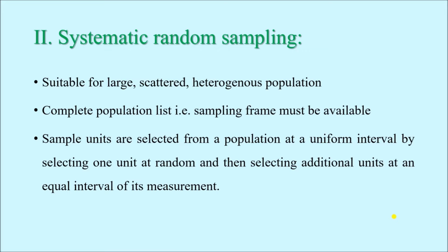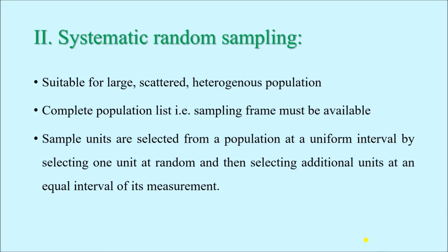But if the characteristics among the people in the population are different from each other, that means they are not very similar, in that case it is a heterogeneous population. And for any heterogeneous population, systematic random sampling is a better technique as compared to simple random sampling.